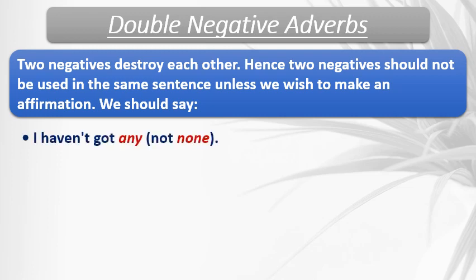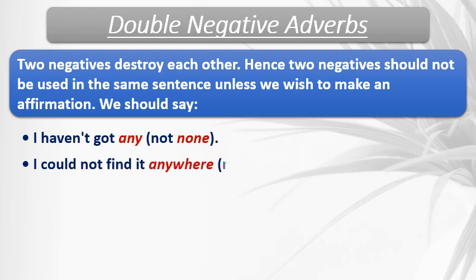I haven't got any. Here, haven't is a negative, and any also means none. So both the negatives are placed in the same sentence, but the meaning is positive.